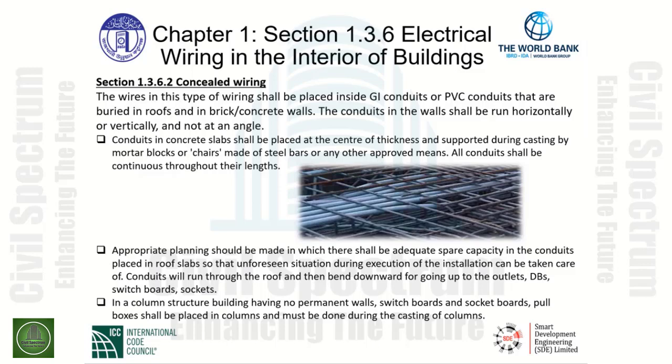The conduits in the wall shall be run horizontally or vertically and not at an angle. Very specific here in the introduction of the concealed wiring section: horizontally or vertically, they may not be run at any angles whatsoever.